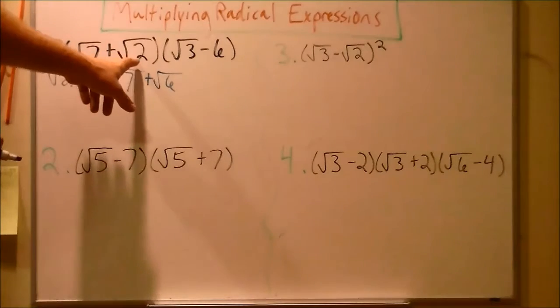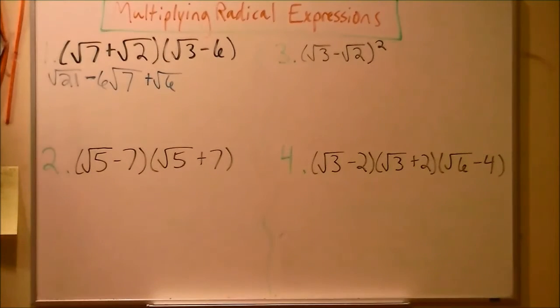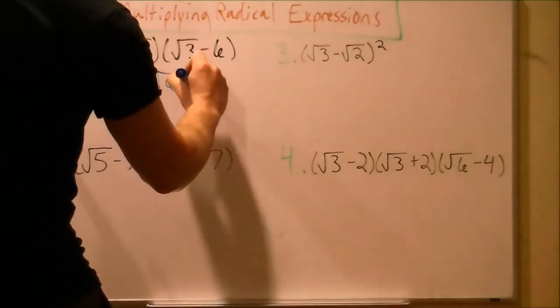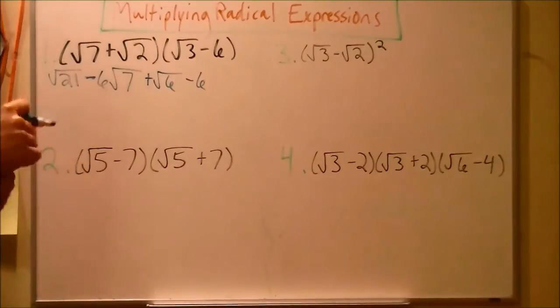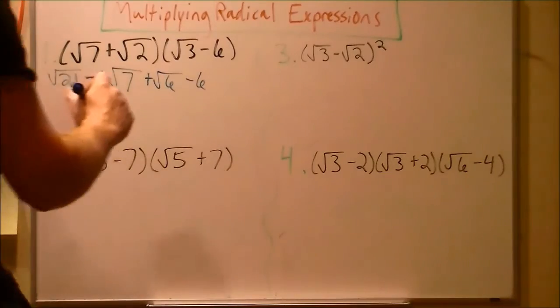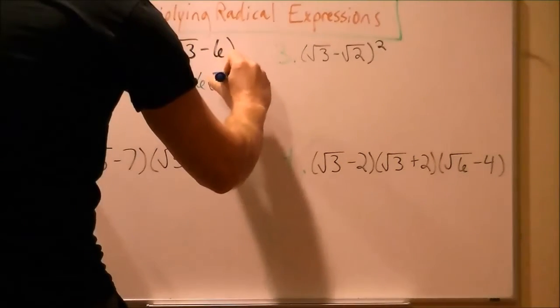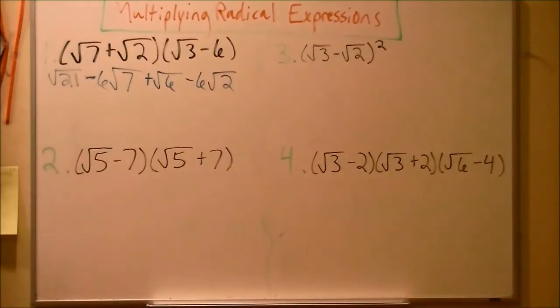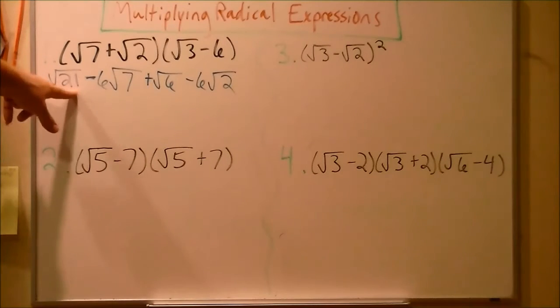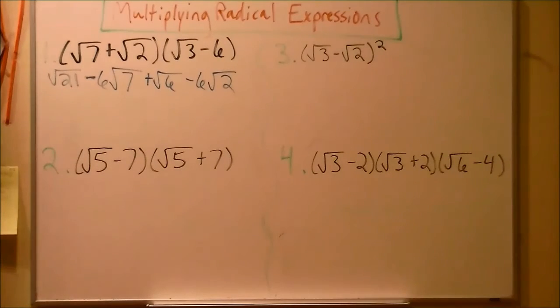And then we're going to have the square root of 2 times negative 6, which again, the whole number stays on the outside because it doesn't have a square root symbol. And that square root of 2 stays all by itself on the inside. And guys, I cannot break this down any further because there's no perfect square factor of 21 that I can pull to the outside.